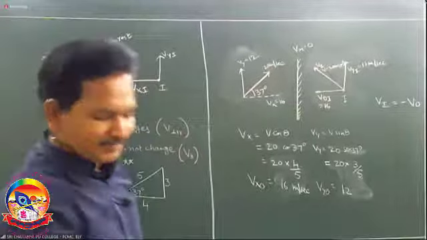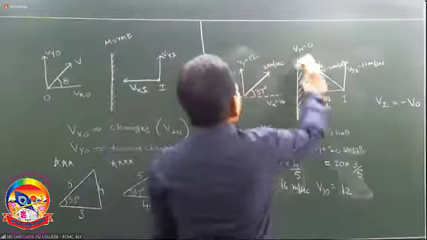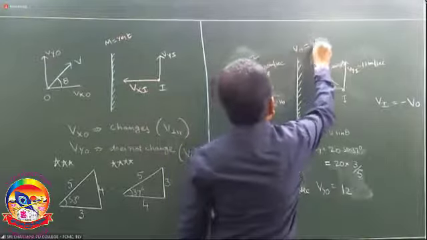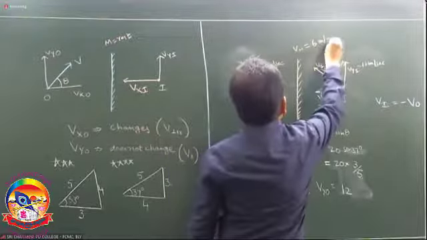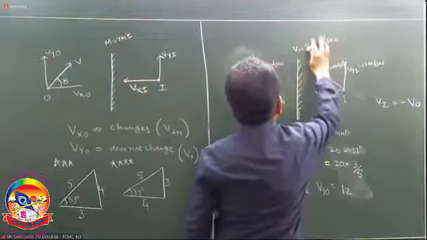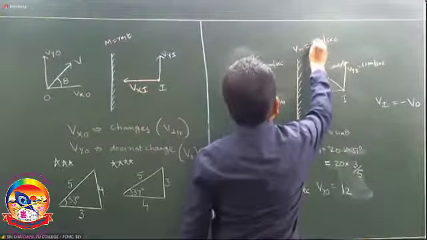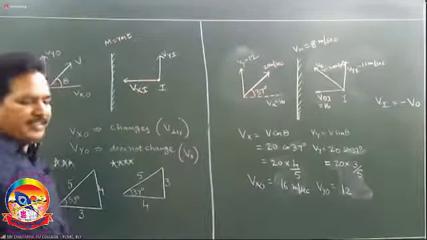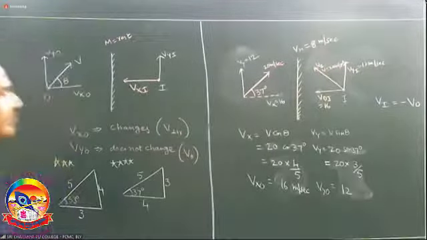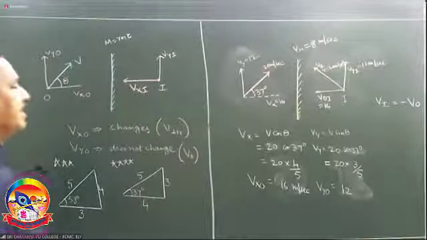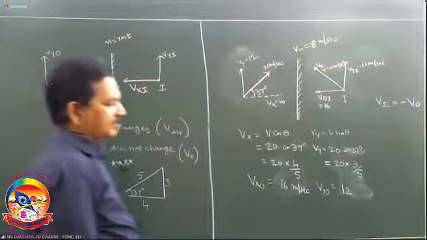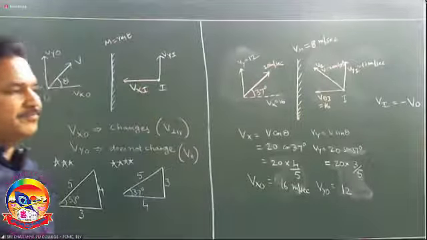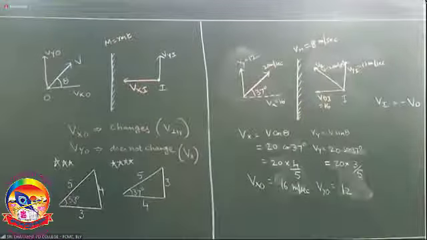Now consider problem number 3. Now the mirror is not at rest. The mirror is moving with velocity 8 meters per second. Then what will be the velocity of the image? You can try by yourself.